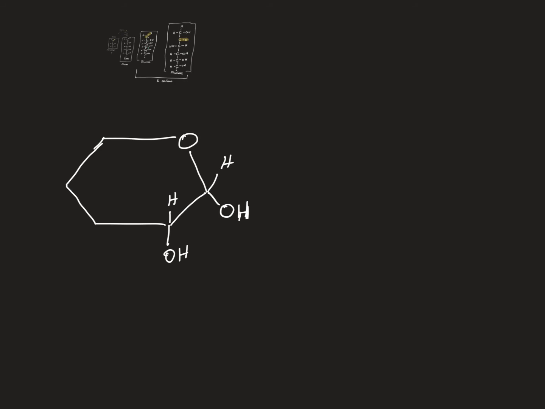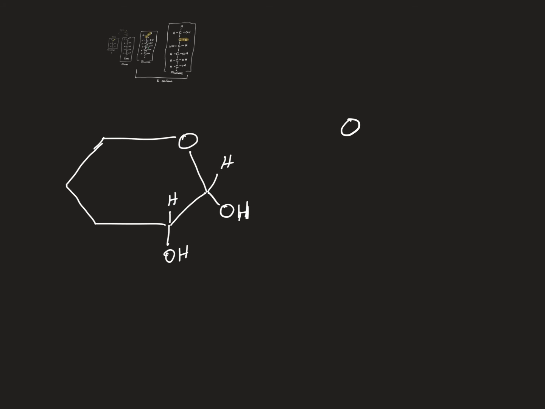Now, fructose, when it makes a ring, it's 6 carbons as well, but as a ketone, it doesn't form a 6-carbon ring, right? If it were an aldehyde, it would form a 6-carbon ring, very much like you see here with glucose. But because it's a ketone and not an aldehyde, and that double bond being on the second carbon instead of being at the end carbon, what you end up forming is a 5-ring structure.